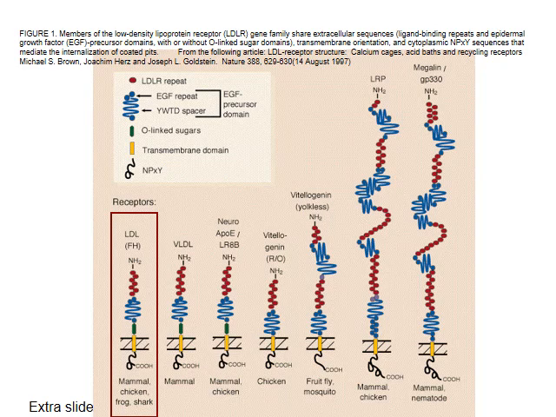And so the LDL receptor has certain functional motifs, which include an LDL receptor repeat in red, an EGF precursor domain in blue, and an O-linked sugar and transmembrane domain.